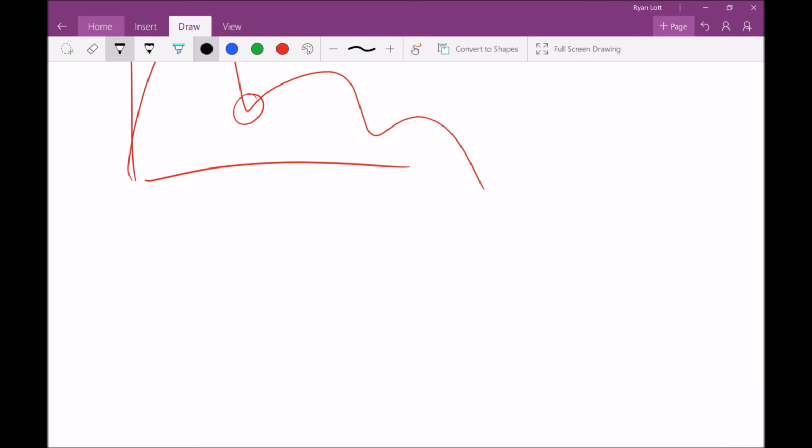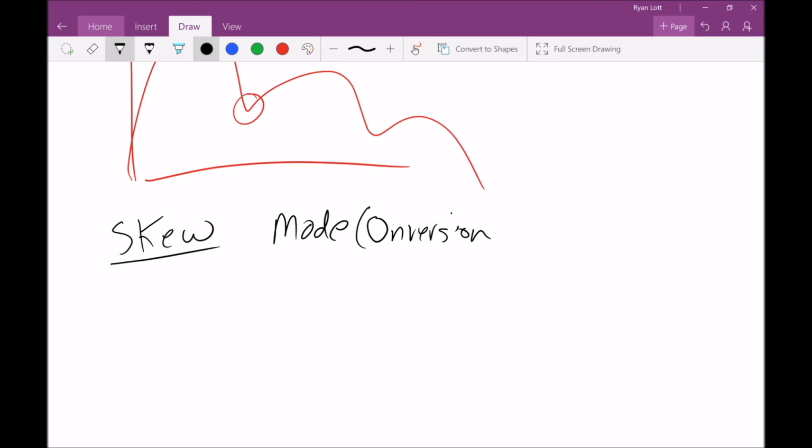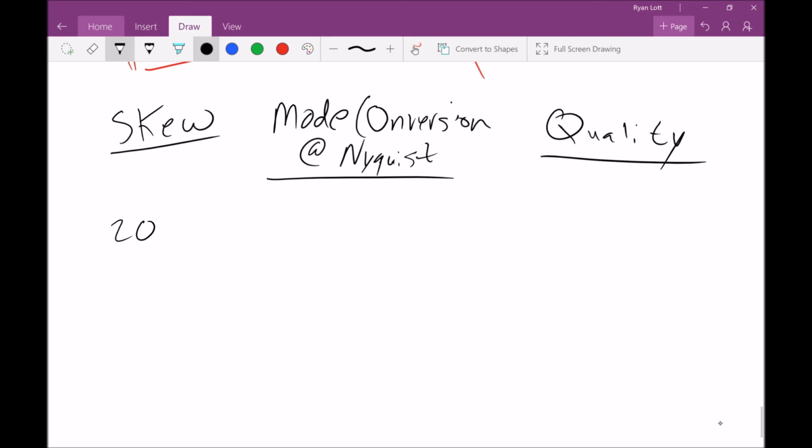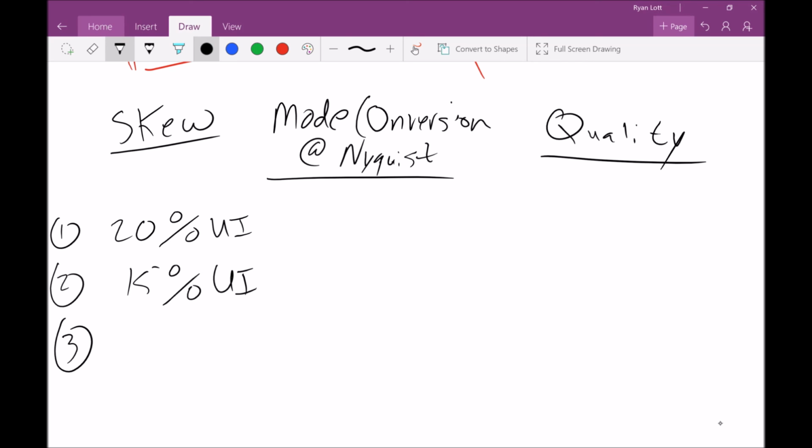And so I came up with a quick formula or table right here that has your mode conversion at Nyquist and the quality. Depending on your data rate, a skew of 20% UI versus a skew of 15% UI and 10% UI.